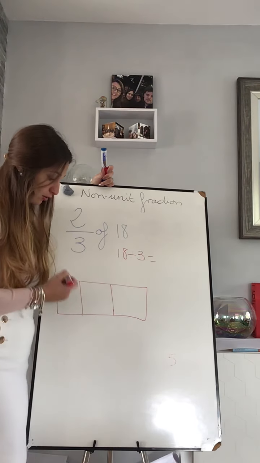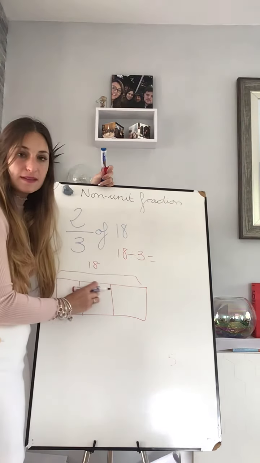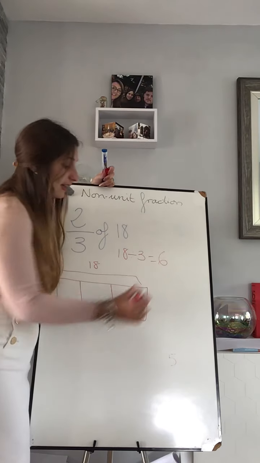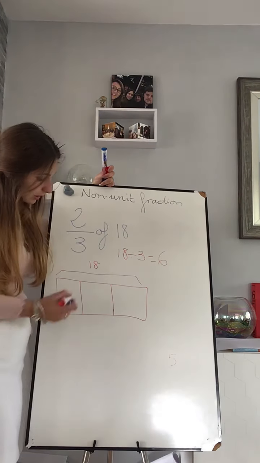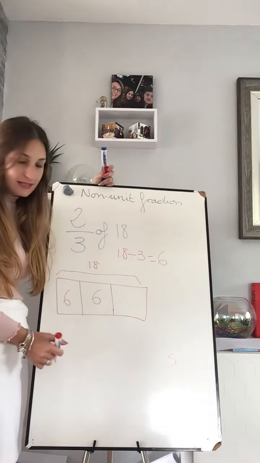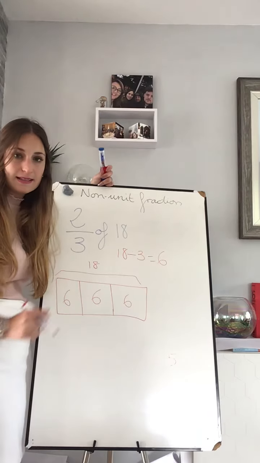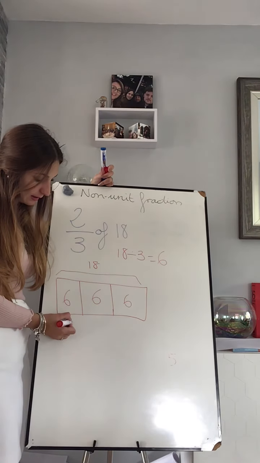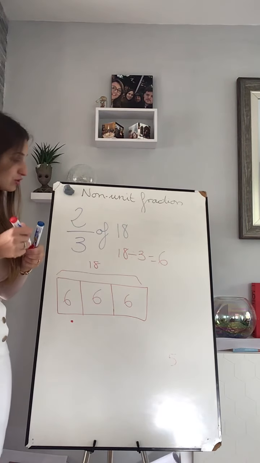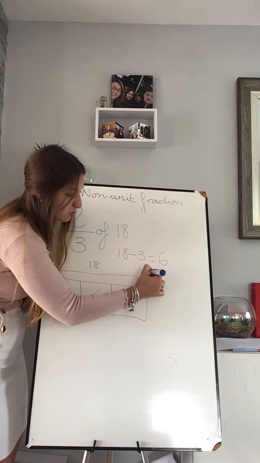So if I get my whole, which is 18, and I divide it into 3 groups, I get, yes, absolutely, 6. So I know that I have 6, 12, 2 sixes are 12, and 3 sixes are 18. So I can have 6, but I am not taking only 1/3, because this is 1/3.